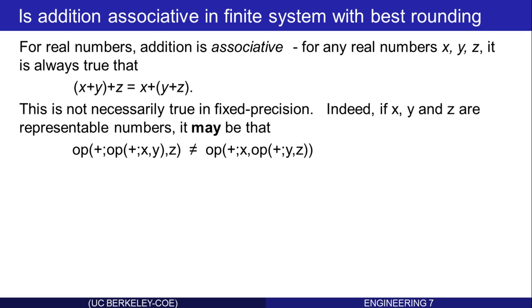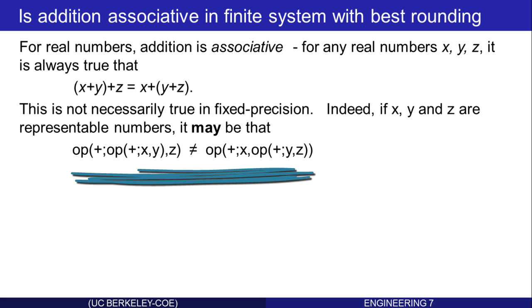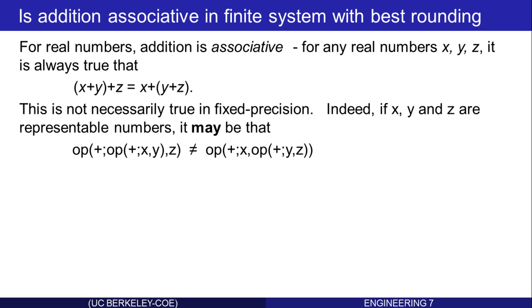For representable numbers x, y, and z, it may be that, and then I have this complicated expression here. Let's parse out what it means. On the left, the innermost operation, which happens first, is that x is added to y using the finite number system, resulting in a representable number, and then z is added to that, resulting in a representable number. On the right-hand side, first y is added to z, resulting in a representable number, and then x is added to that.